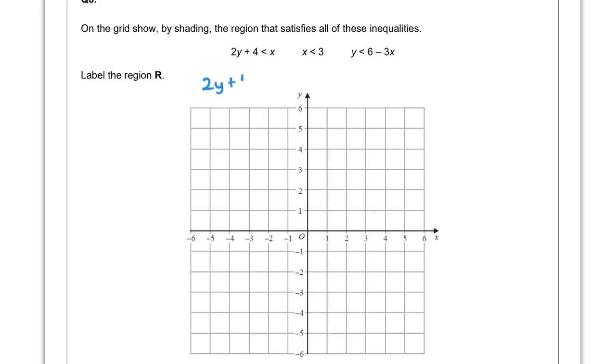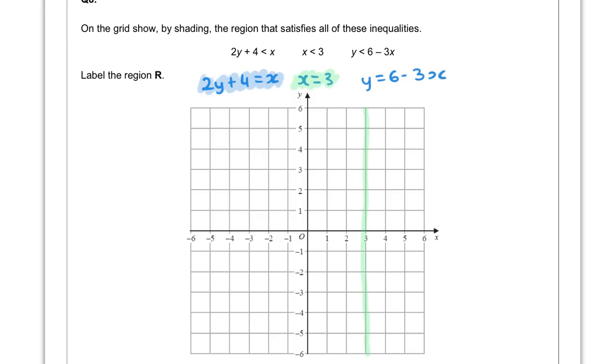We have 2y plus 4 equals x. We have x equals 3 and y equals 6 minus 3x. Okay? Now, which one's the easiest so far? X equals 3. X equals 3 is this line, because anywhere on this line, x will equal 3. Now, 2y plus 4 equals x.